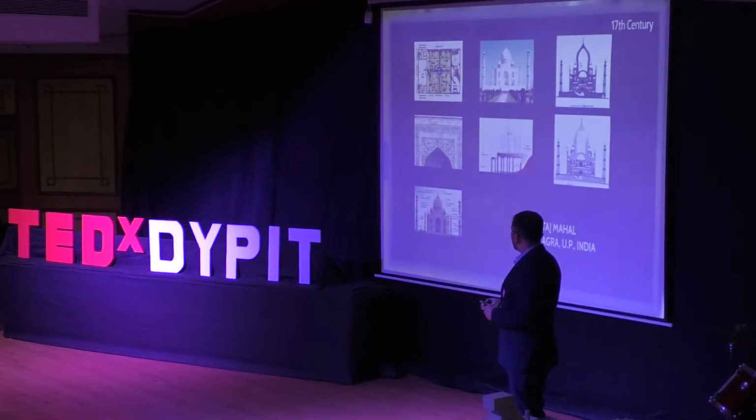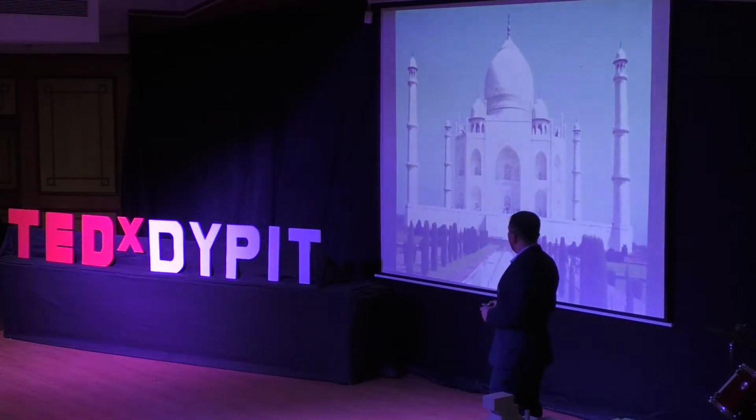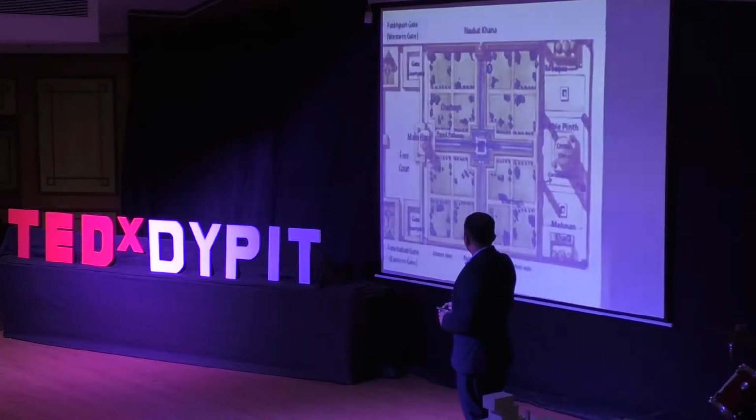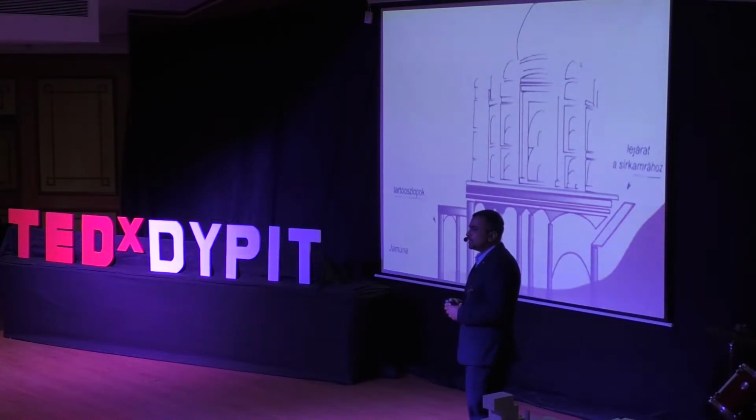The next beautiful structure that we know is the Taj Mahal. On the same lines, the Taj Mahal was built as a load-bearing structure. Even the foundations of the Taj Mahal were built with systems popularly known as wells and caisson systems.